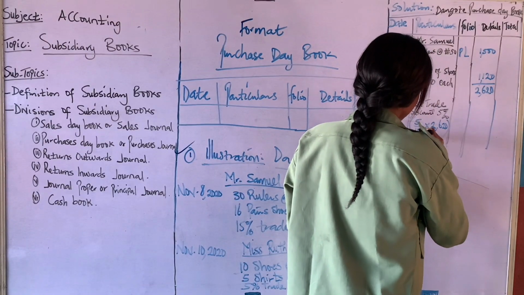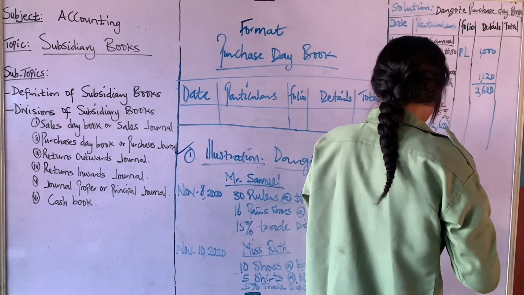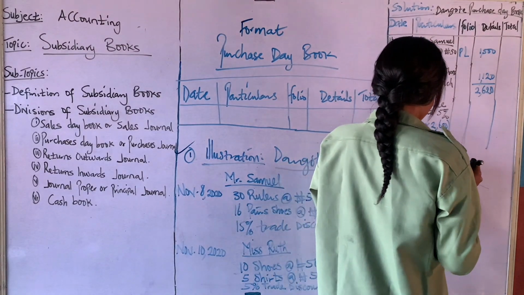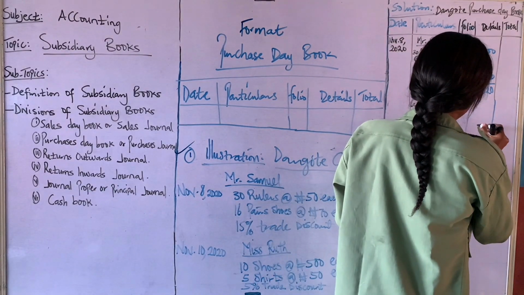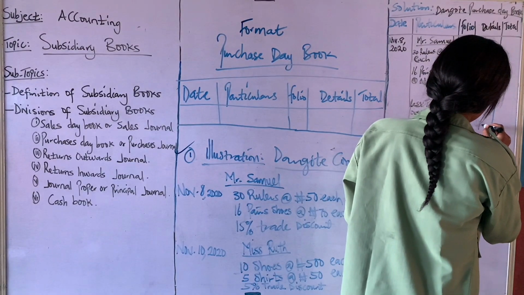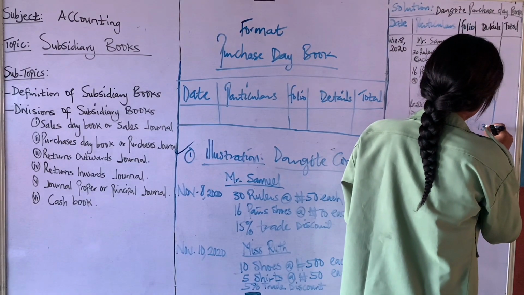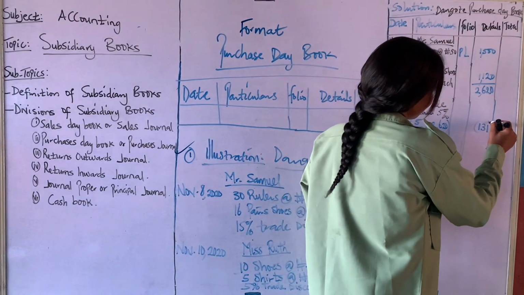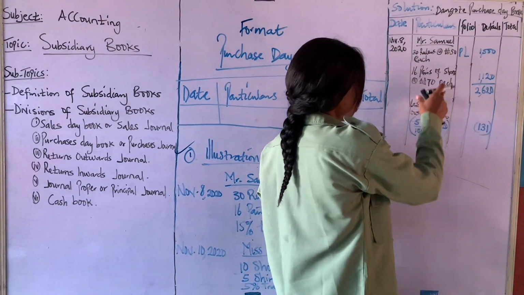Put all in brackets here. So we now have the discount we are being given, which is just 131 naira. 131 naira becomes the discount given to Dangote for purchasing these items.